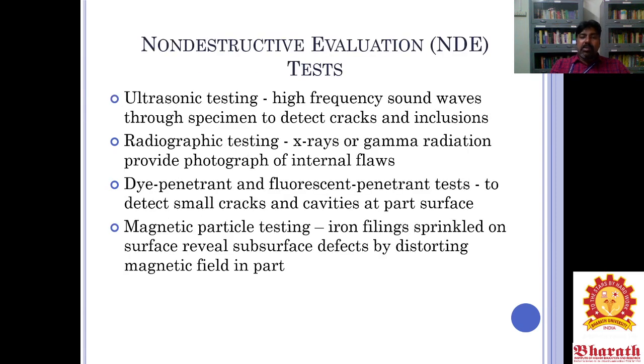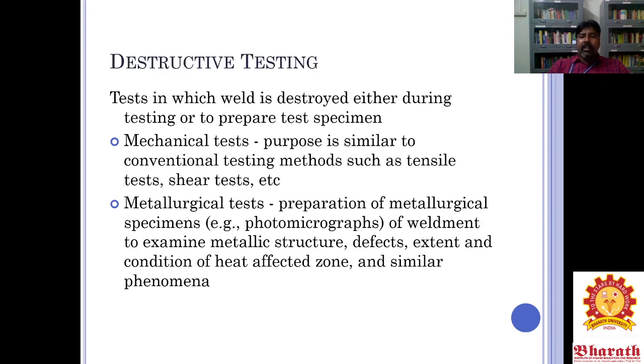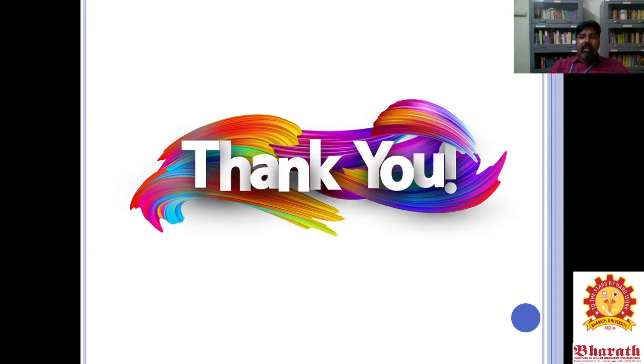But nowadays it is not like that, because non-destructive testing is available, like ultrasonic testing, radiography testing, liquid penetrant testing, magnetic particle testing, eddy current testing, and many other testing facilities. Without destroying the metal, we can find these defects in the welding process. So we can identify and study a lot of things in future classes. Thank you.